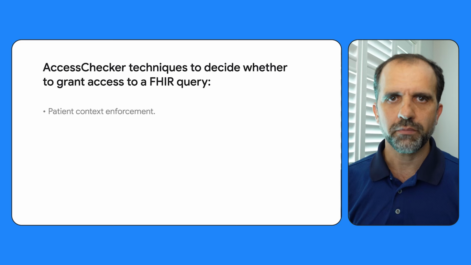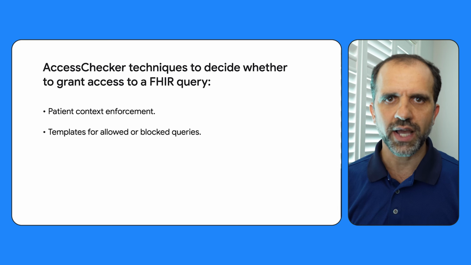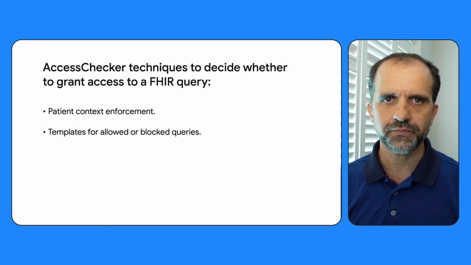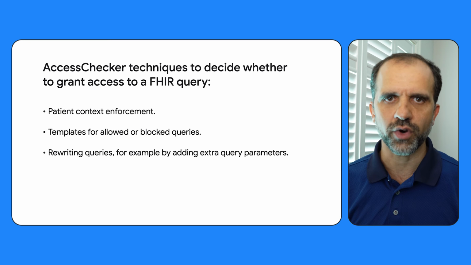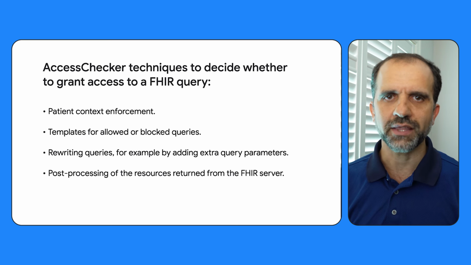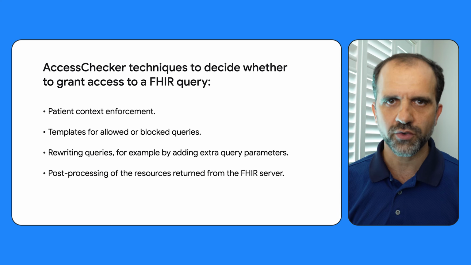An AccessChecker can use one or more of the following techniques to decide whether to grant access to a FHIR query: patient context enforcement, templates for allowed or blocked queries, rewriting queries, for example, by adding extra query parameters, and post-processing of the resources returned from the FHIR server.